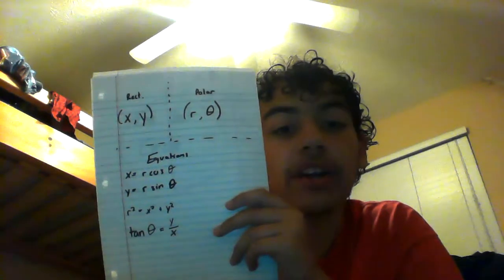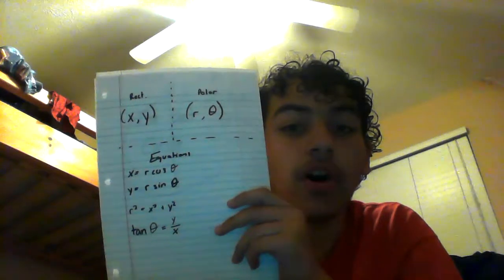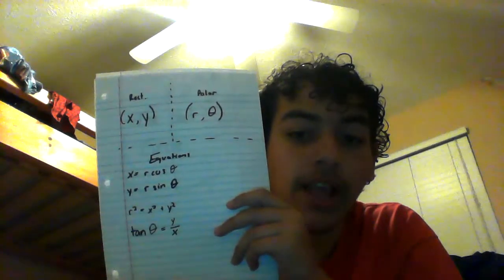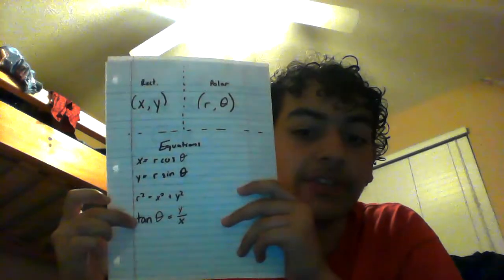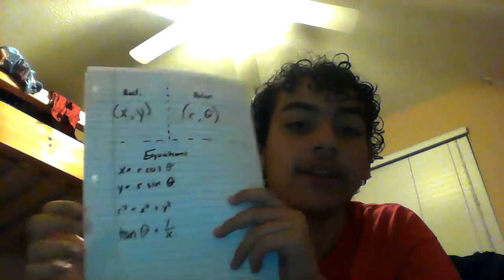Another way that you can try and convert to r in the polar form. And then you also have the tangent of theta is equal to y over x. Now this can be applied in ways as normal graphing would be. It's just a completely different way to look at it, as far as radians and degrees rather than just whole values.